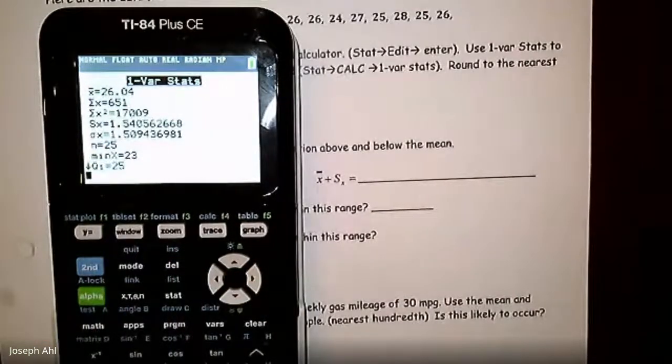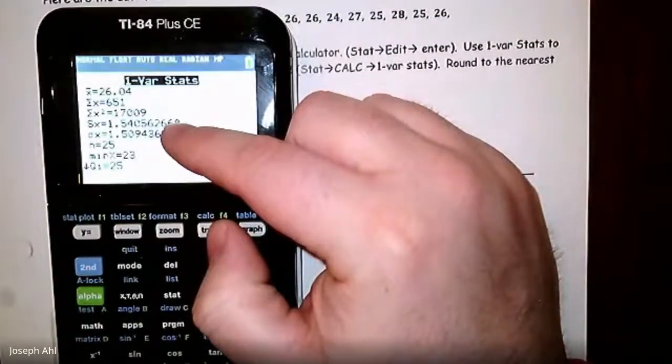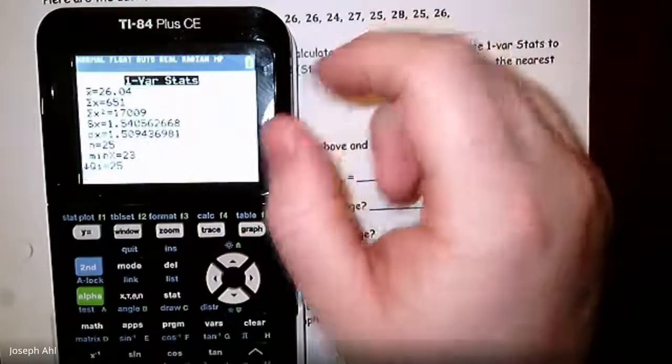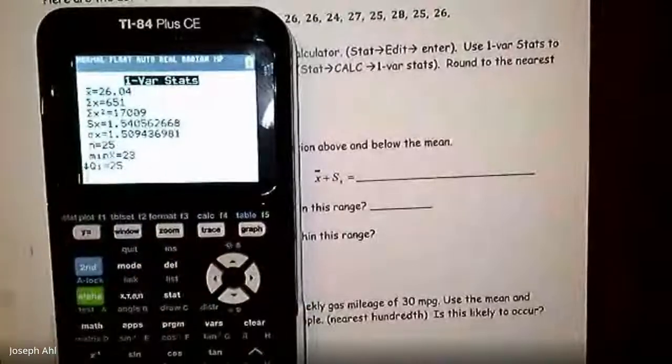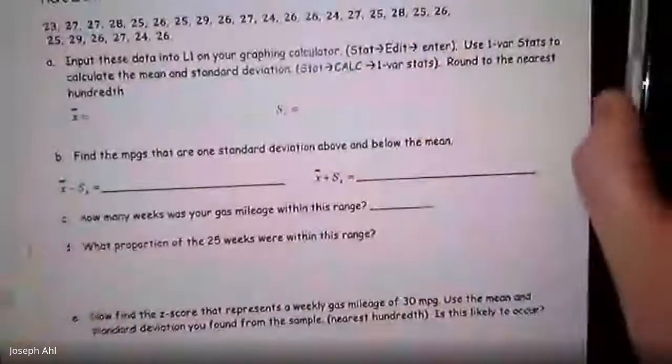The difference between those two things is that this is called a sample standard deviation, Sx. And since we have a sample we're looking at, that's why we're going to use that standard deviation. The one below it is called the population standard deviation, and that will be something that we probably use a little bit more frequently going forward. But in this specific example, use Sx like it says to do on the homework.